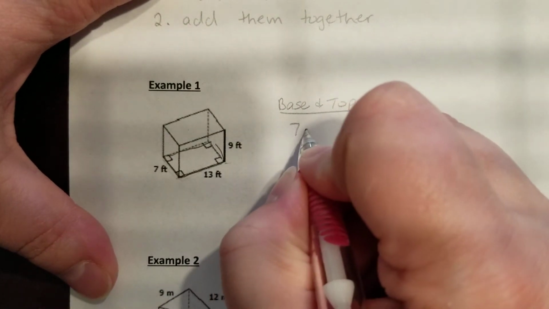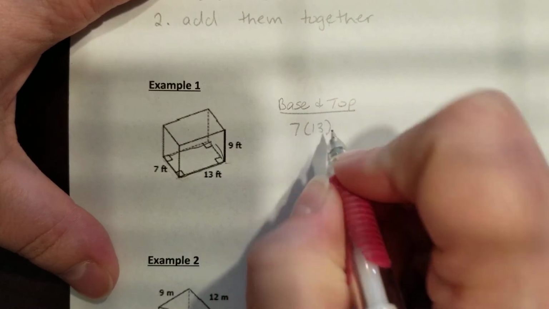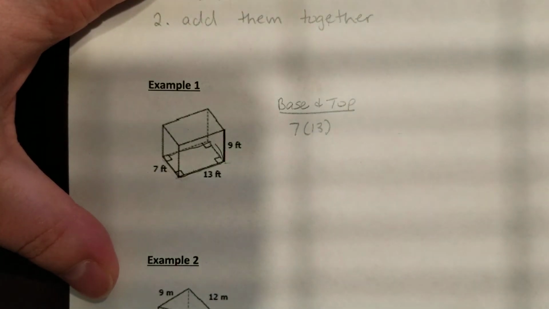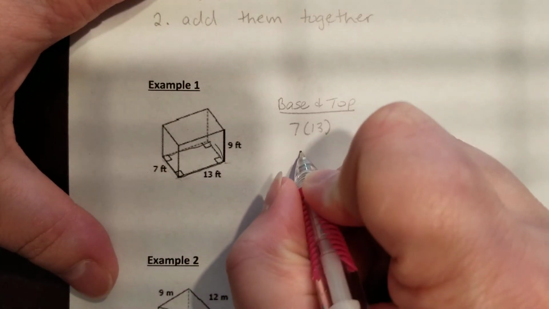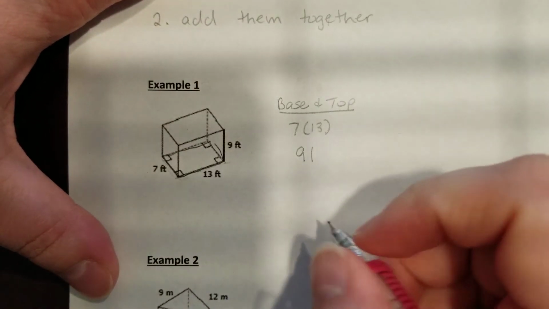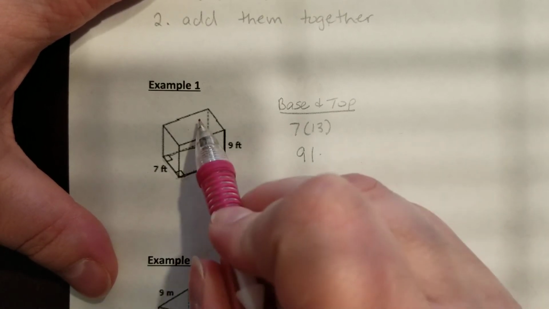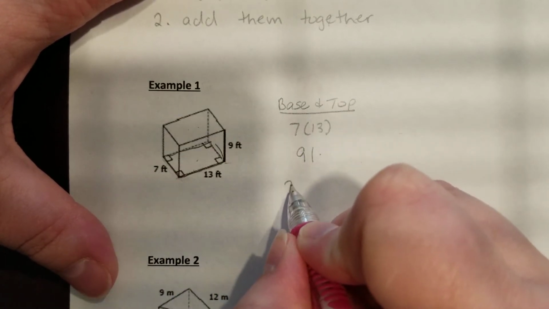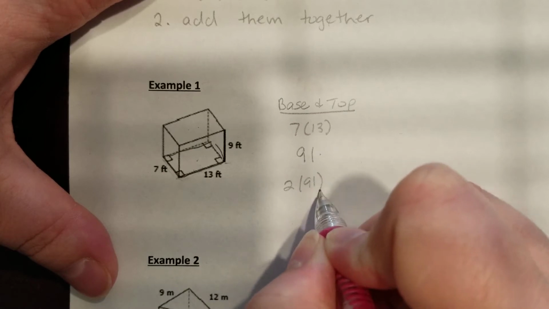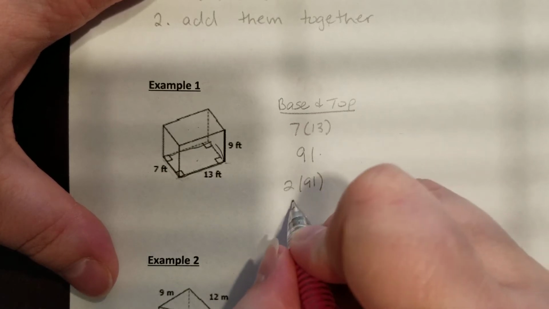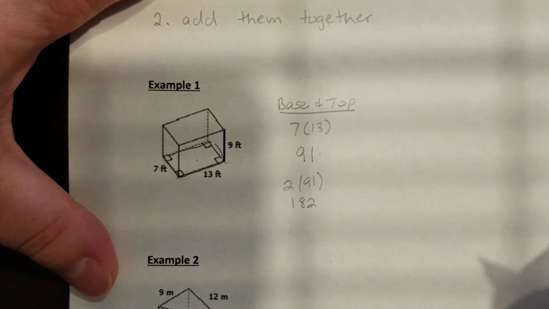So we have 7 times 13. I'm just going to type it in a calculator. The area of one of those is 91, but remember we have the base and the top, so we have 2 of those. 2 times 91 is 182.